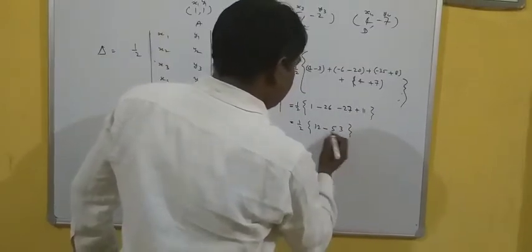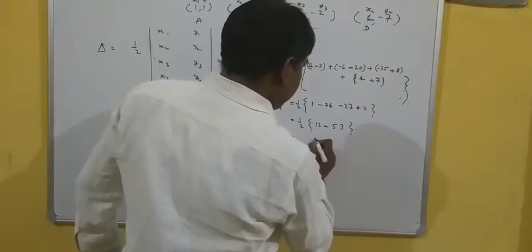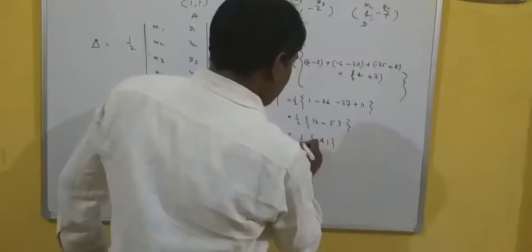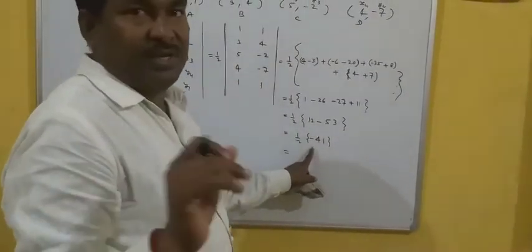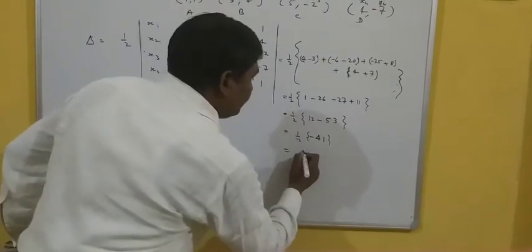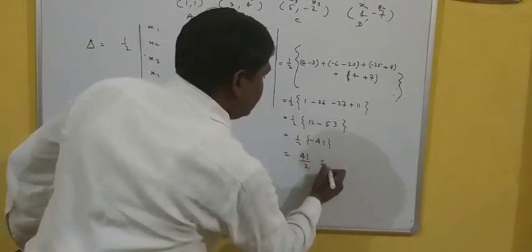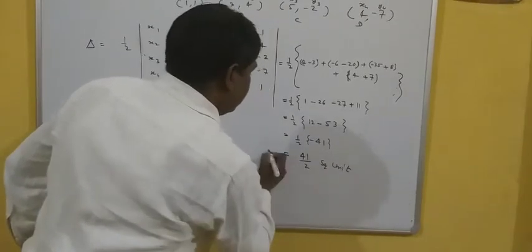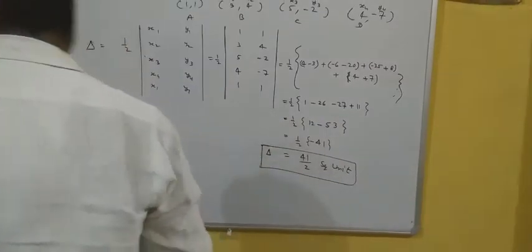So 1, 4 minus 41. So taking magnitude only, since we are getting a negative value but area can never be negative, therefore we have to take 41 by 2 square unit. This is the area of a quadrilateral.